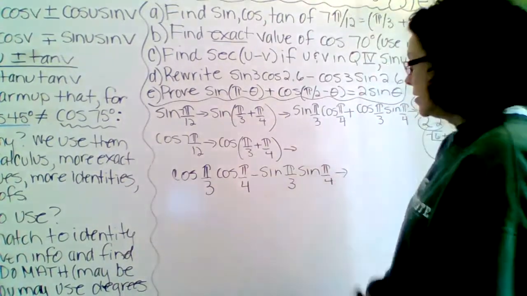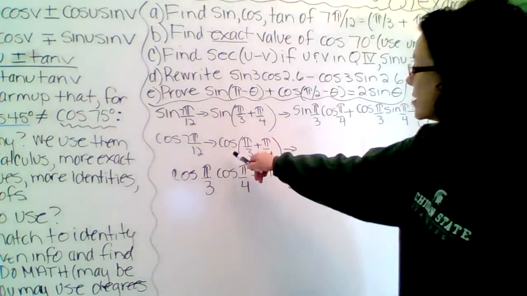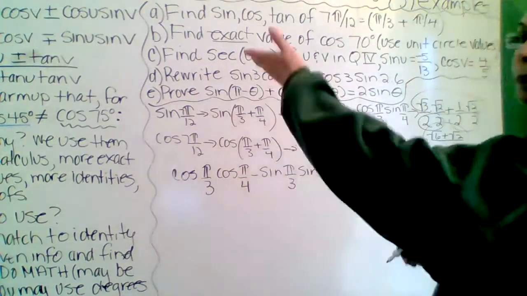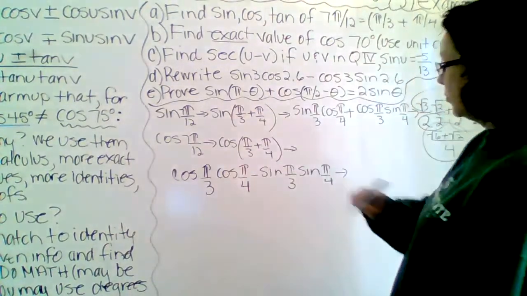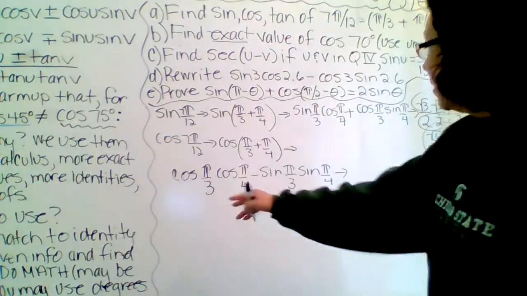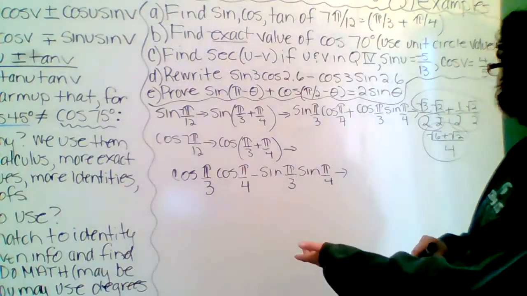Again, the idea is when it's cosine, it's the cos go together. Because it's not sine, the sign changes, but you have your formula sheet. And U is pi over 3 and V is pi over 4. 1, 2, 3, 4. I know these pieces of information, right?